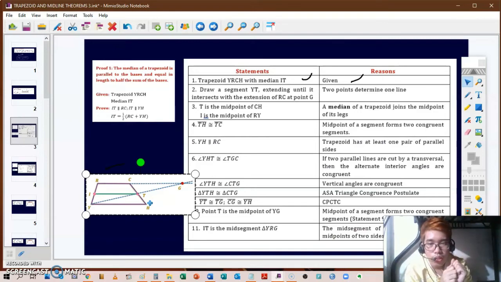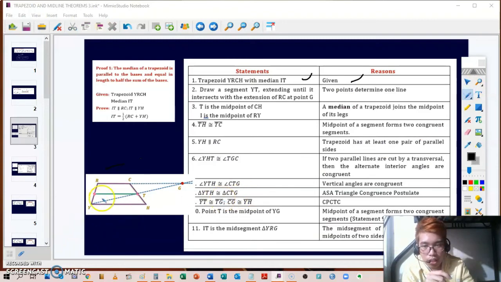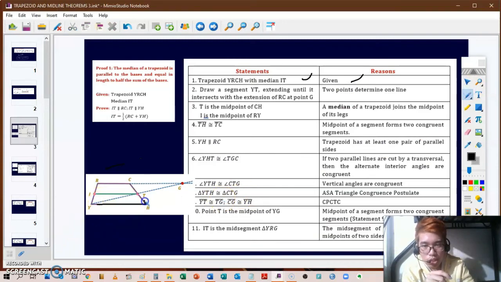We can also notice that angle YHT is congruent to angle TGC. Why are they congruent?